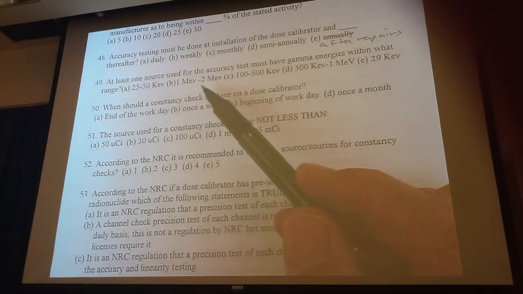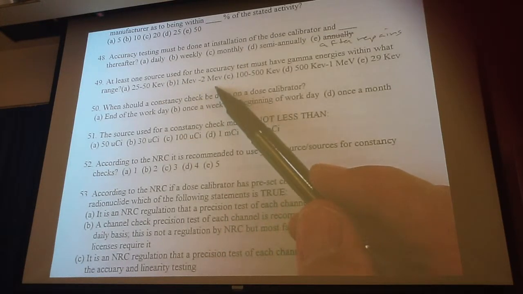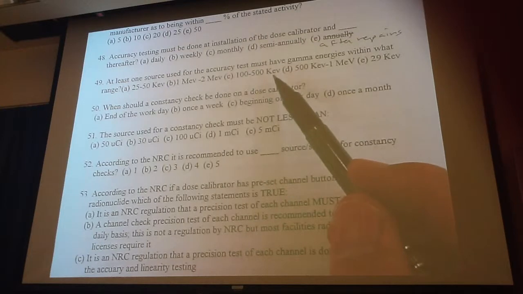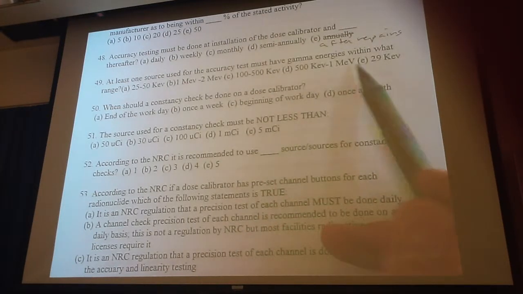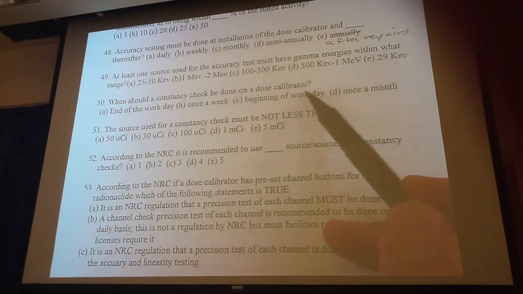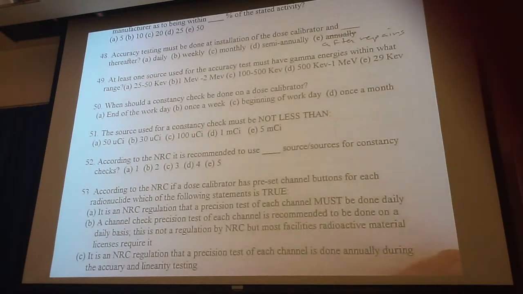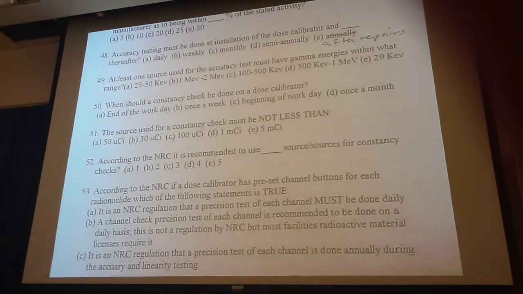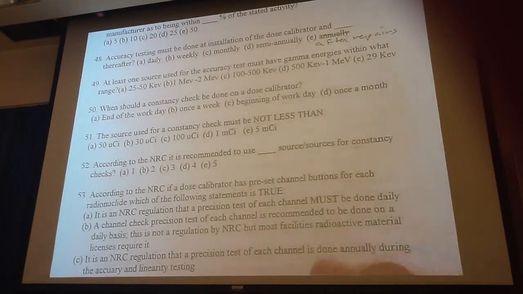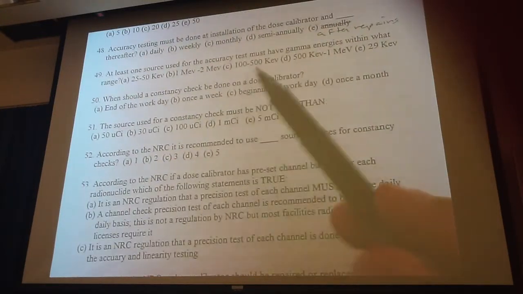Okay, how about 1 to 2 MeV? Nada, right? How about 100 to 500? That's better, yeah, there's your answer right there. These other ones, you know, through elimination process, you can just determine which one it is. They're not going to have you do something you don't use.